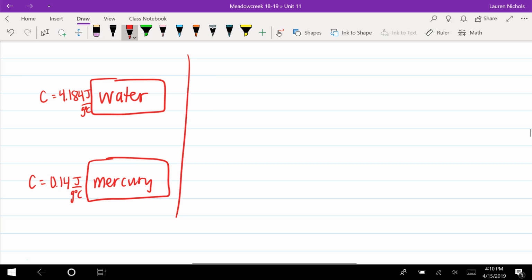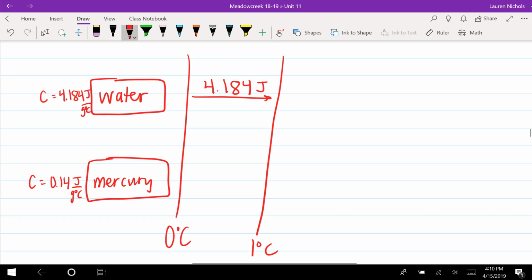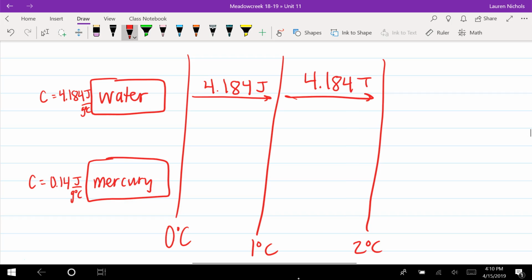If they both start out at 0 degrees Celsius, in order to go up by 1 degree, water is going to have to gain 4.184 joules. In order to go to a second degree, water will need to gain an additional 4.184 joules of heat energy. However, mercury only needs 0.14 joules.